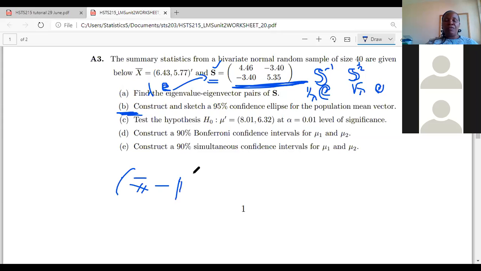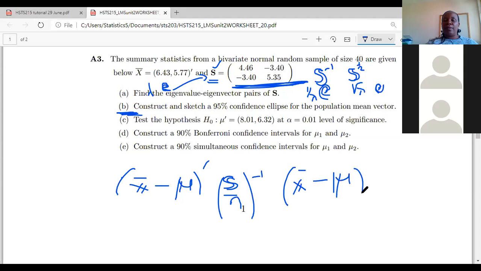So I will refer to this thing shortly. x bar minus mu, S over n, inverse, and there is a transpose there, x bar minus mu.